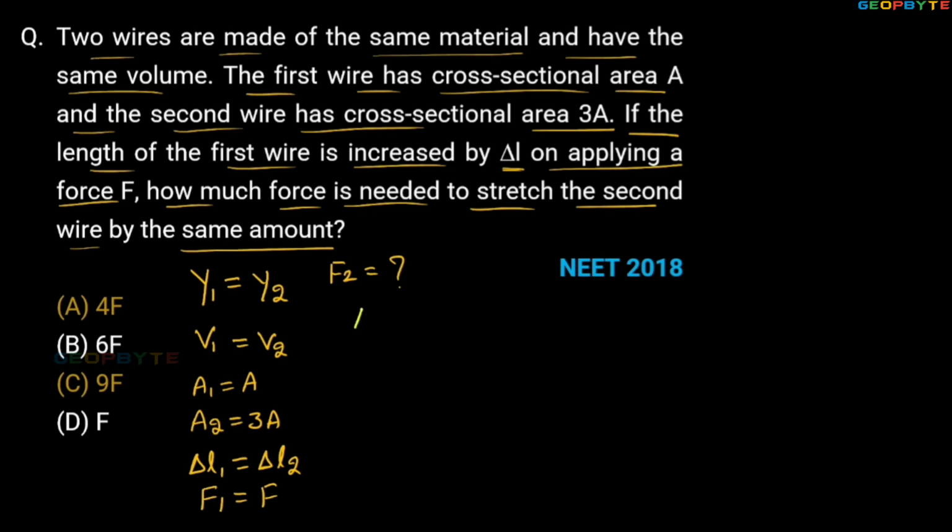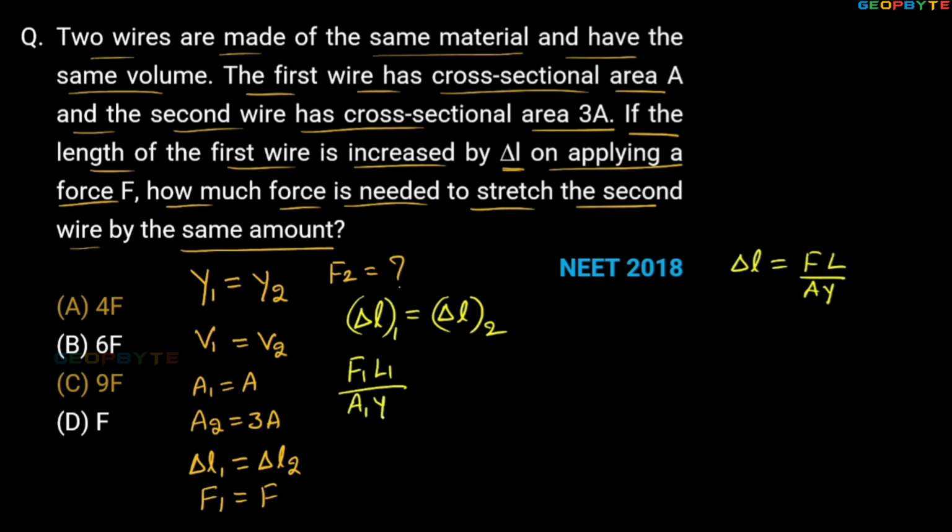For that, let me write the general formula. As you know, the change in length of the first wire equals change in length of the second wire. But what is the general formula for change in length? Change in length equals F L by A into Y. Then I can write that F1 L1 by A1 Y1 equals F2 L2 by A2 Y2.